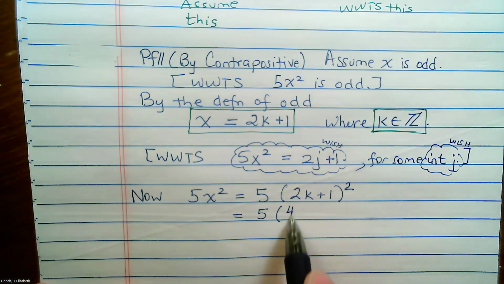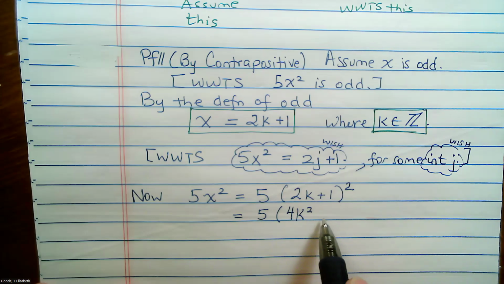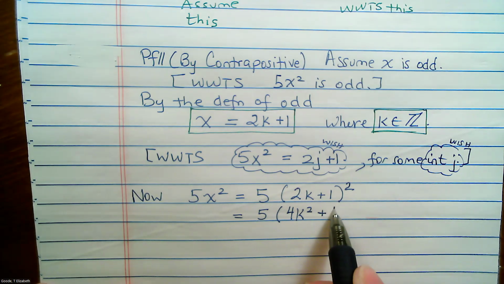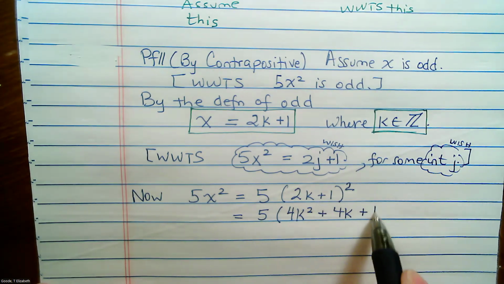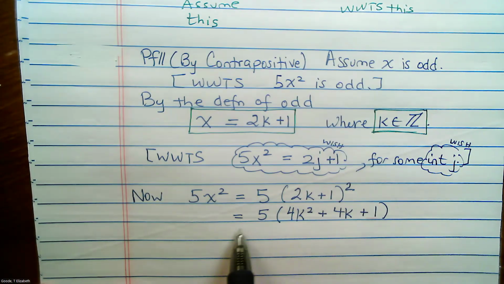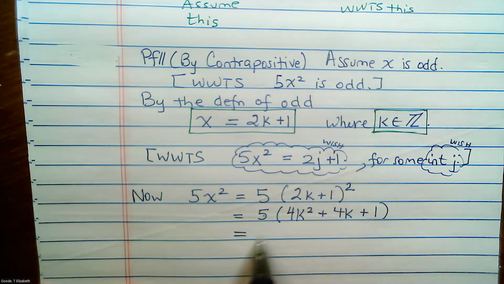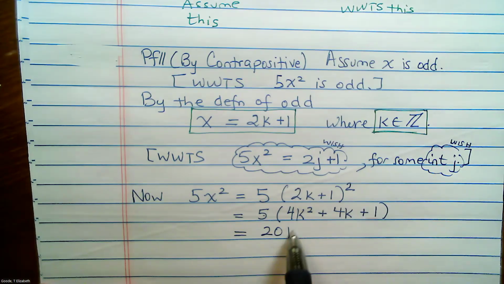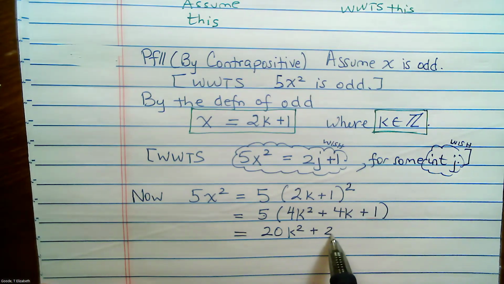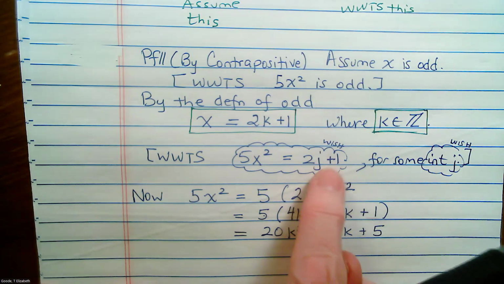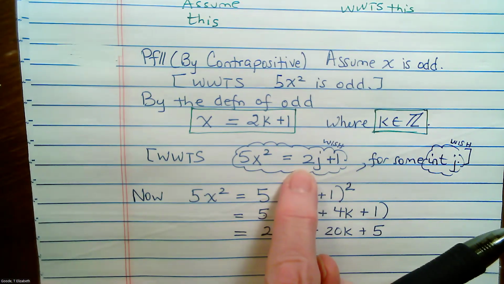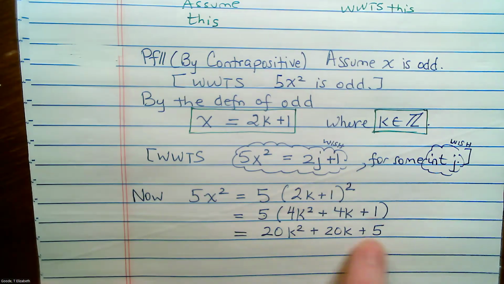That's 4k squared plus 4k plus 1, 1 times 1 is 1. Now let's multiply the 5 through. We have 20k squared plus 20k plus 5. And we're trying to show that it looks like 2 times some integer plus 1.